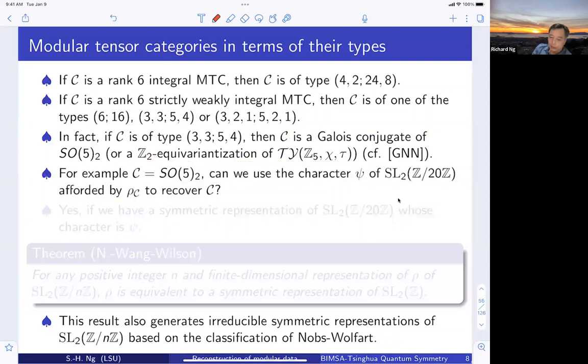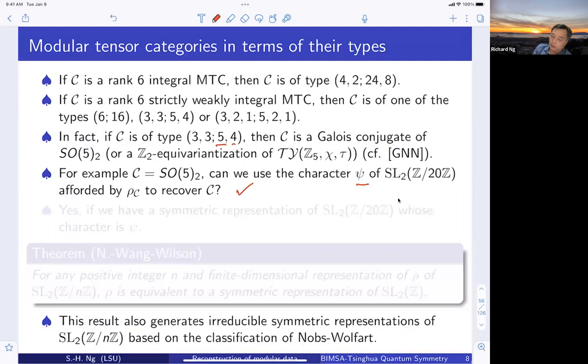So now you ask another question. If I know the character of, well, we know that this is 5 and 4, so therefore it's a representation of the group SL2Z mod 20. So now if I know the character of SL2Z mod 20, can I recover C?